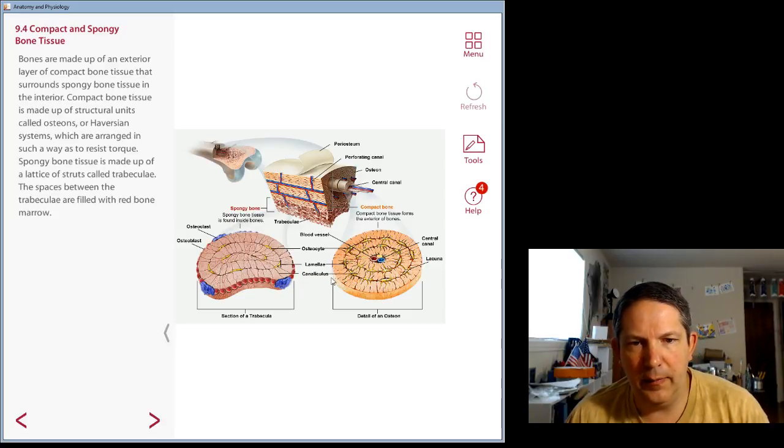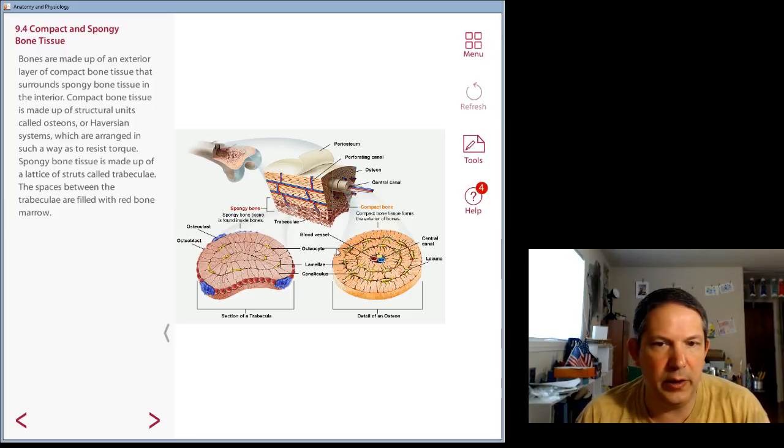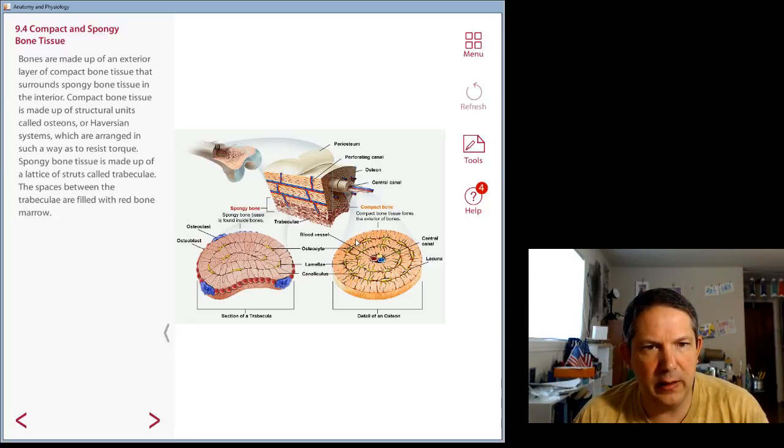So this is a lamella, this is a lamella, this is a lamella, just different layers with osteocytes in the rings between. So that's the arrangement, and this whole thing is called an osteon, if you want to call it that.